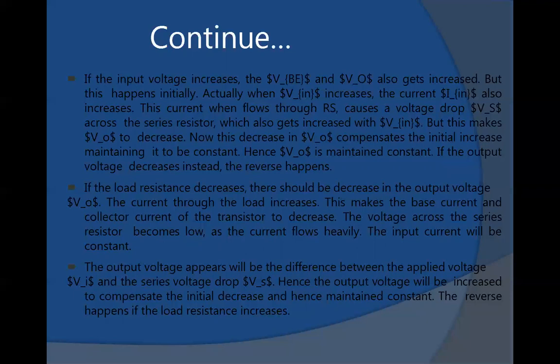The input current will be constant. The output voltage will be the difference between the applied voltage and the series voltage drop. Hence, the output voltage will increase to compensate for the initial decrease and hence is maintained constant. The reverse happens if the load resistance increases.